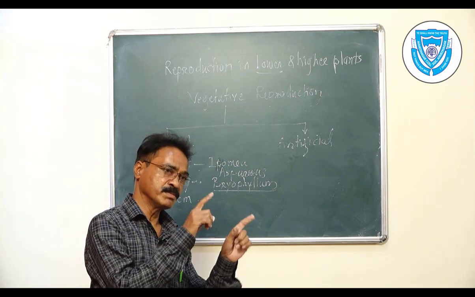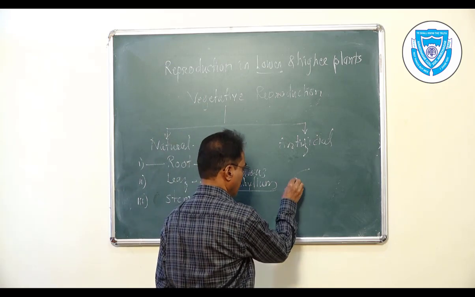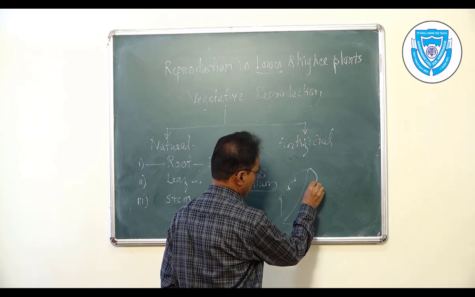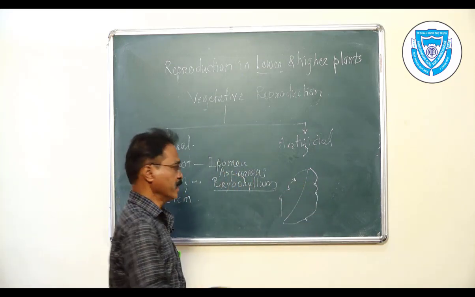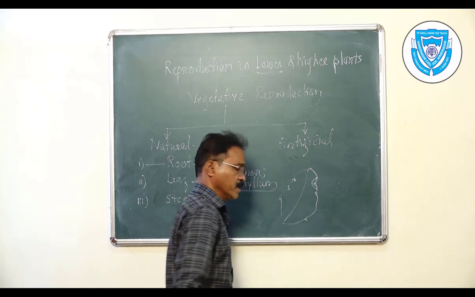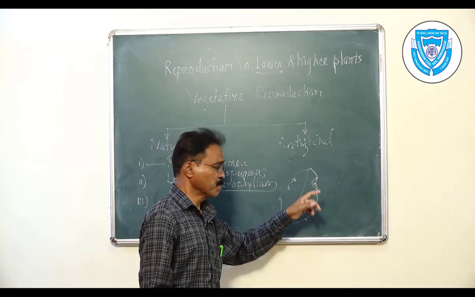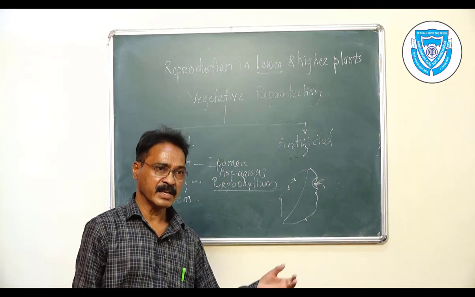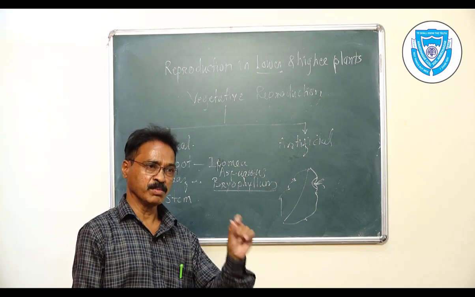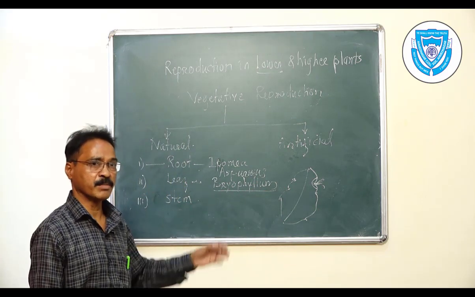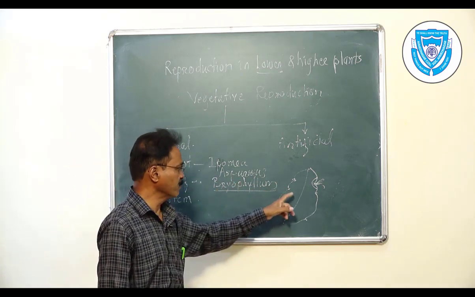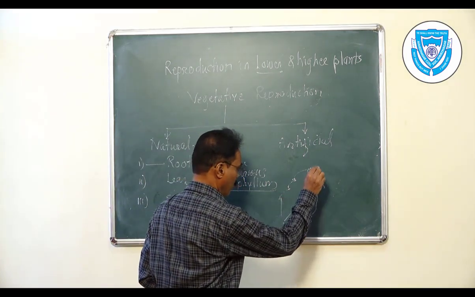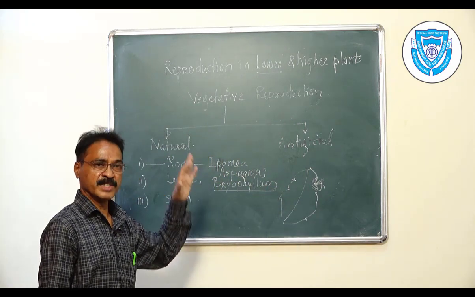Panputi means from the leaf, at the margins, at this junction, the vegetative buds are produced, and this bud sprouts. It produces roots and leaves, and by separating, this vegetative bud is utilized as a vegetative reproductive part. Hence Bryophyllum or Kalanchoe, one more is also there. You can see the vegetative part that takes part in vegetative reproduction.